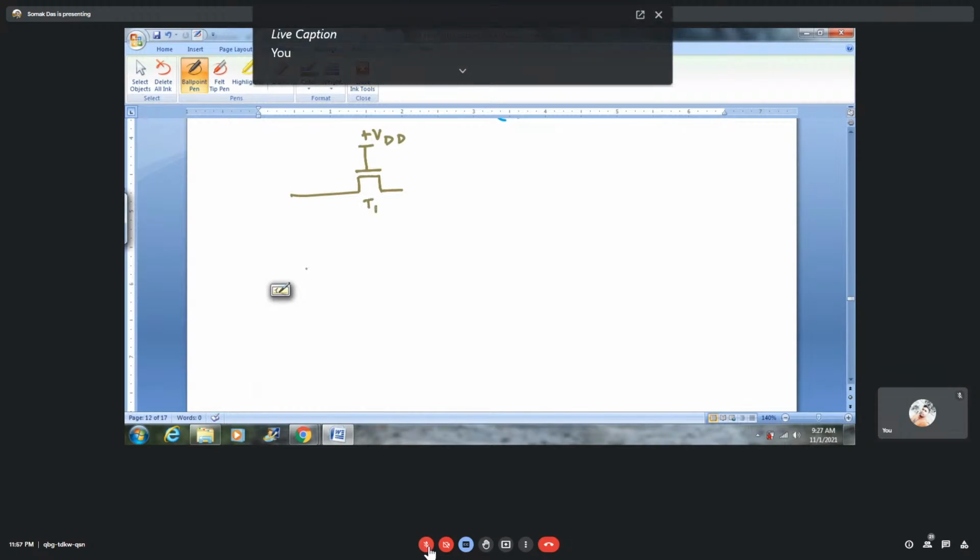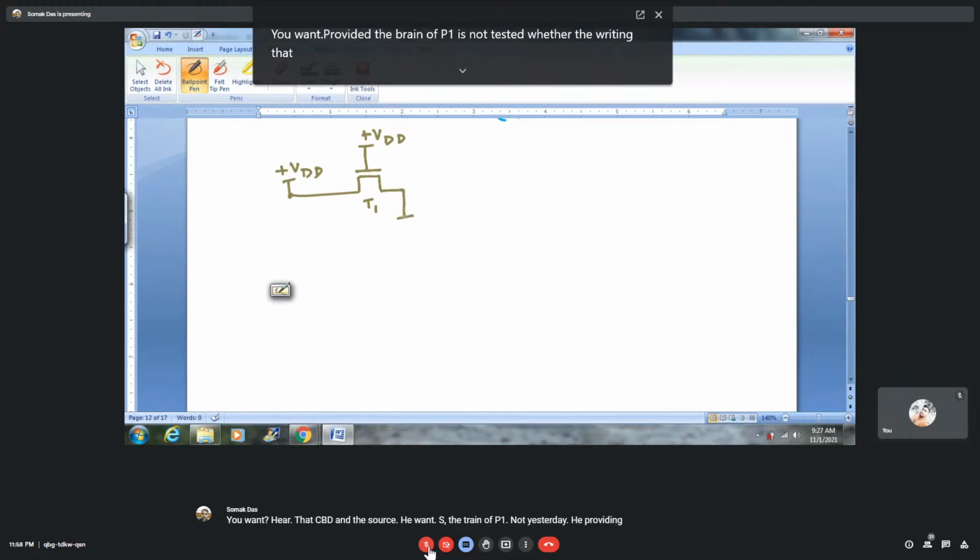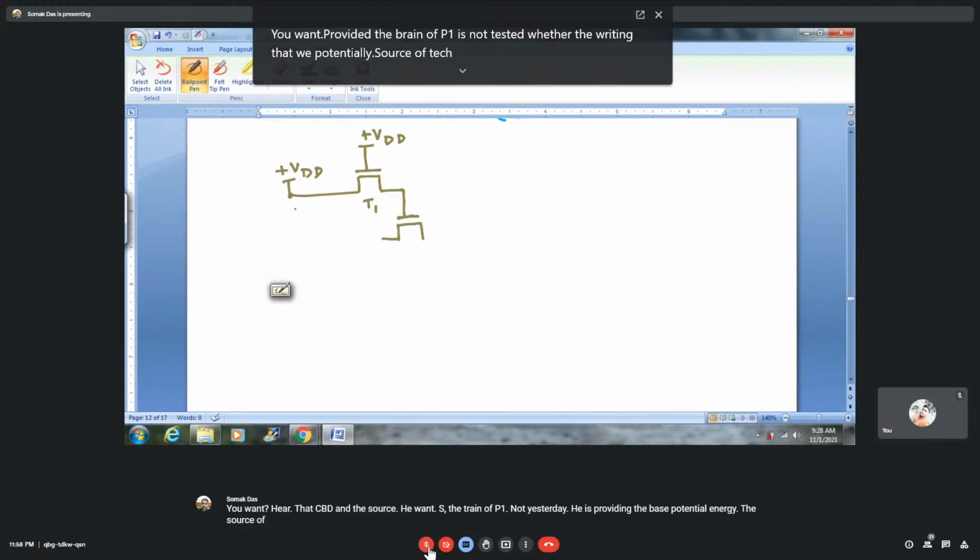Here you have provided plus VDD at the source of T1. The drain of T1 is not cascaded with T2, rather it is providing the gate potential at T2. The source of T2 is again connected to plus VDD. There is no difference.